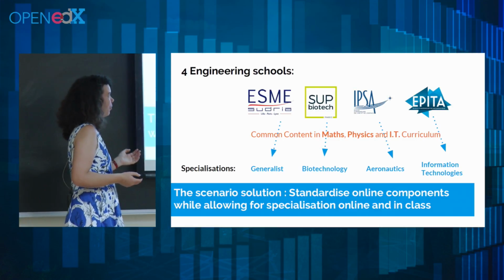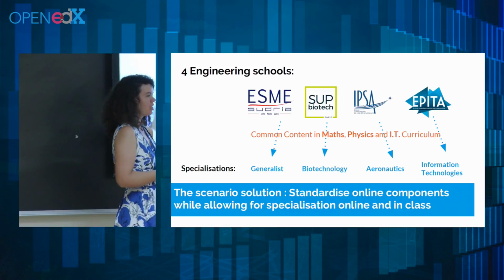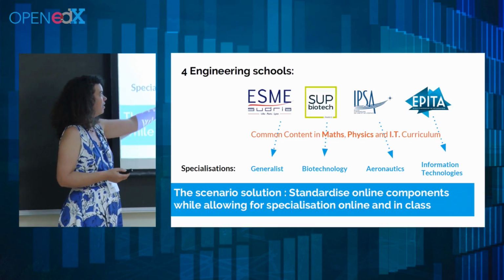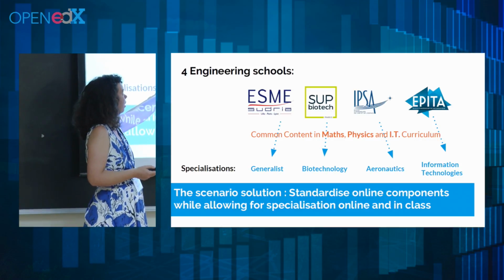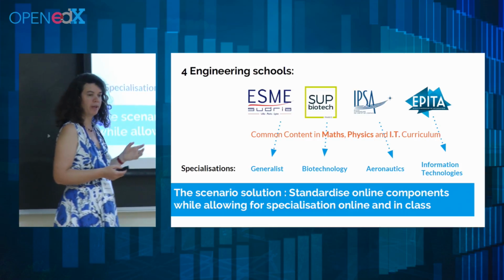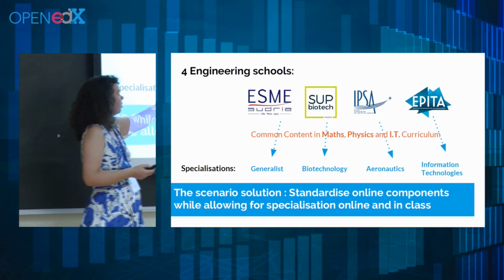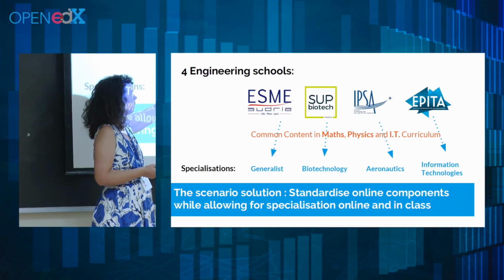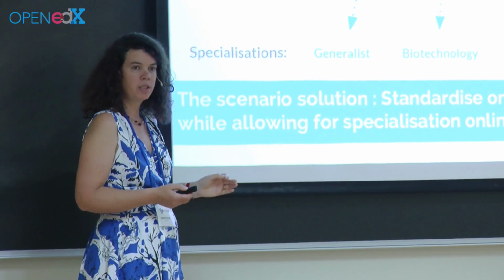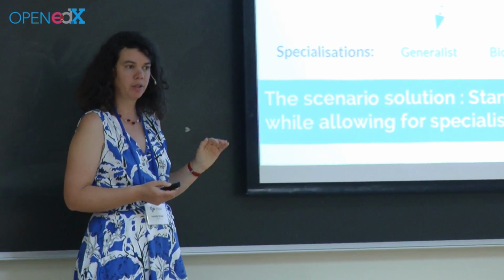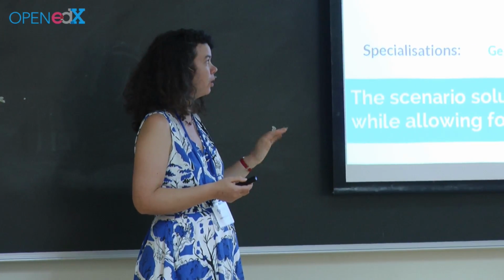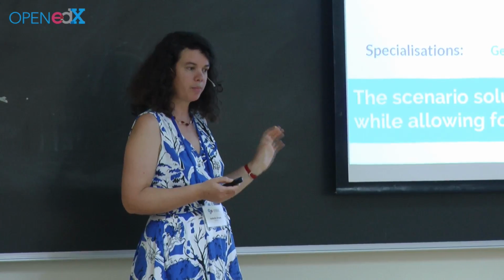Well, especially at the undergraduate level, there is a good opportunity to make synergies because there is common content, especially in math, physics, and information technologies. So this is where we put our focus or priorities to start with. We decided to work on these 3 big subjects.